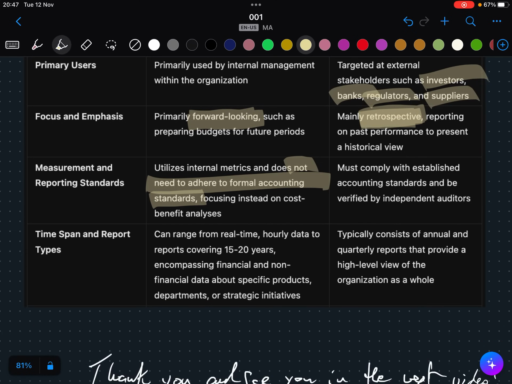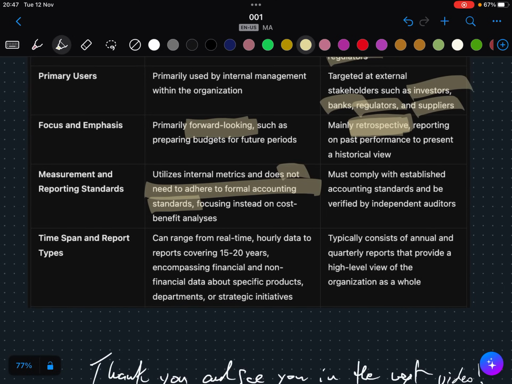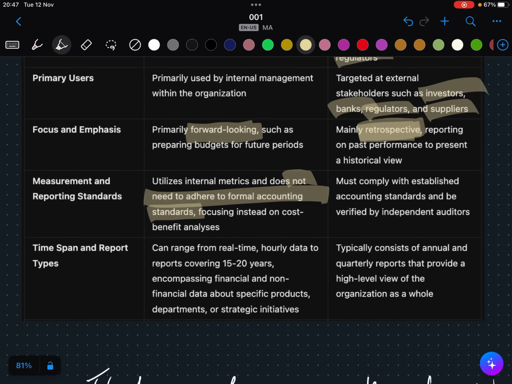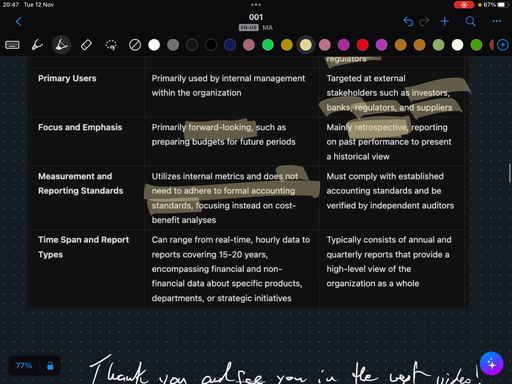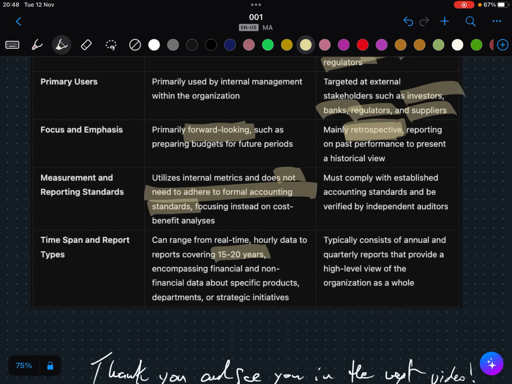Time span and report types. Well, in management accounting, we could create all sorts of reports ranging from 15 to 20 years to daily reports, etc. It just depends on the company and what their needs are.